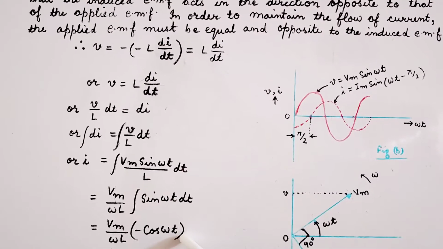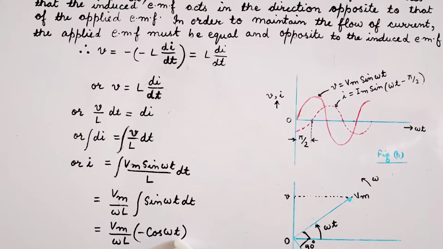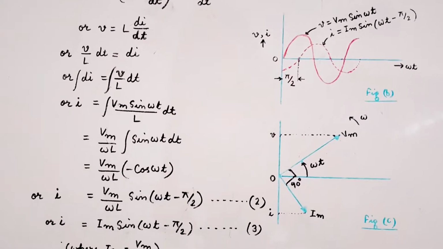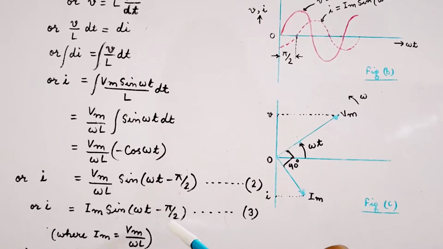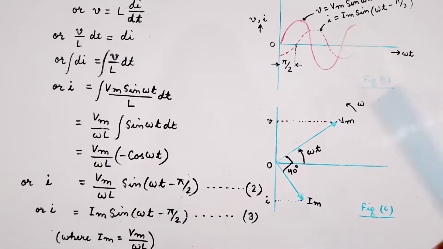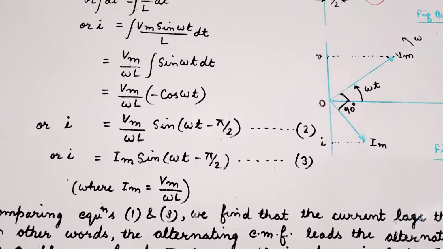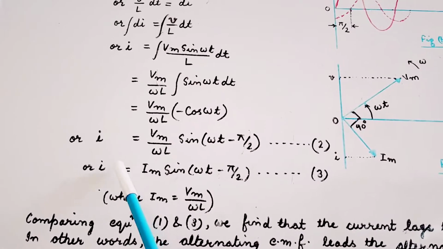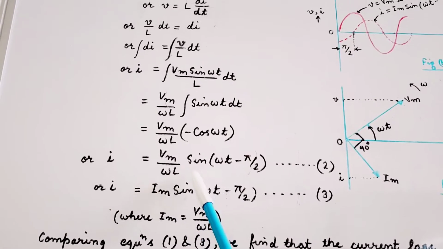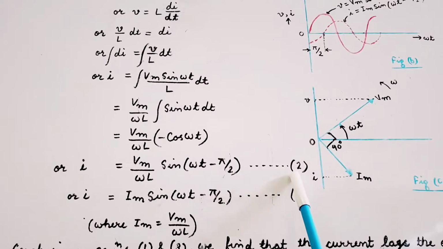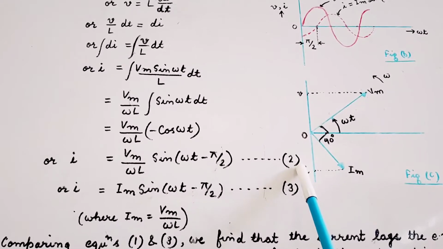Now if we want to write minus cos omega t in terms of sine, then its value will be equal to sin omega t minus pi by 2. So the equation for the current will be i is equal to Vm by omega L into sin omega t minus pi by 2. Let us represent this equation as equation number 2.